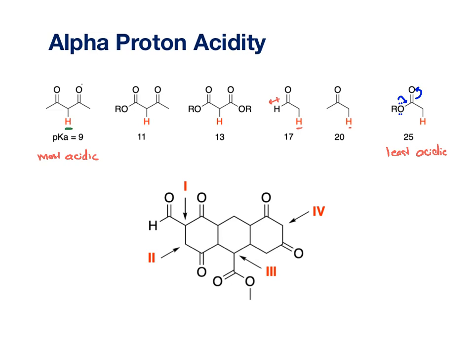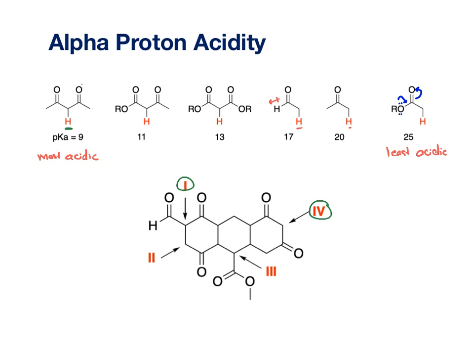What you want to look at first is the fact that alpha protons 1 and 4 reside between two carbonyls. So those are going to have an enhanced acidity compared to 2 and 3.